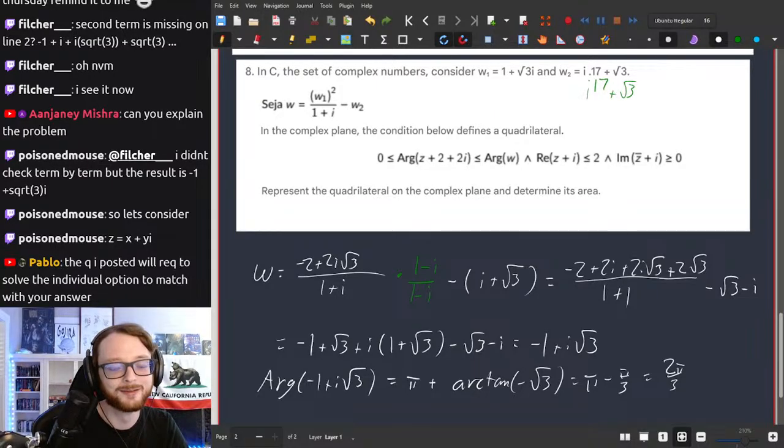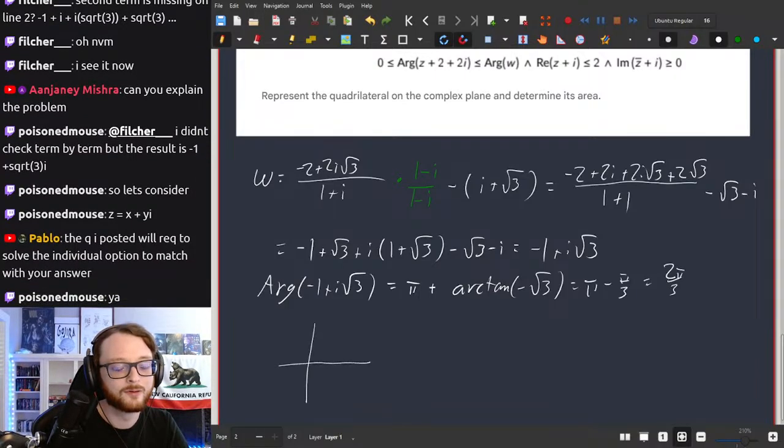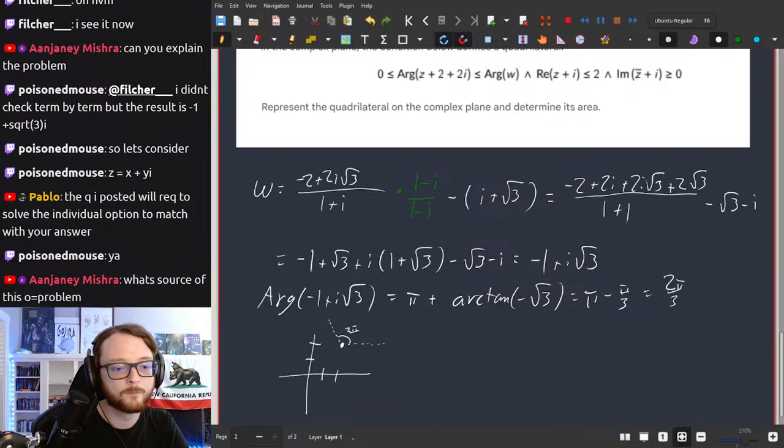So I have a hard time explaining it. I'm kind of just reading this as saying this bit here is sweeping out an area starting at 2 plus 2i, and so it's sweeping out from here up to 2 pi over 3, somewhere there-ish is a piece.